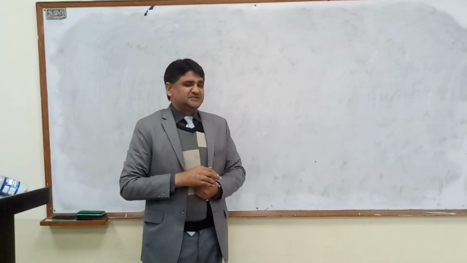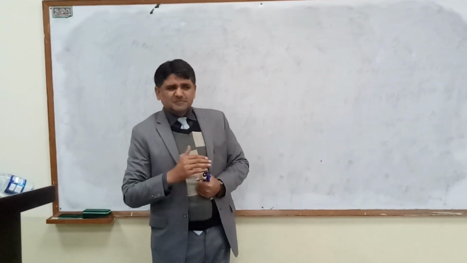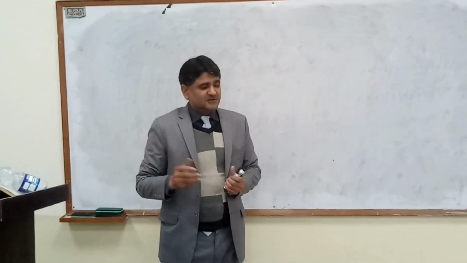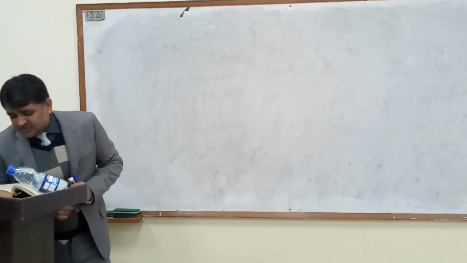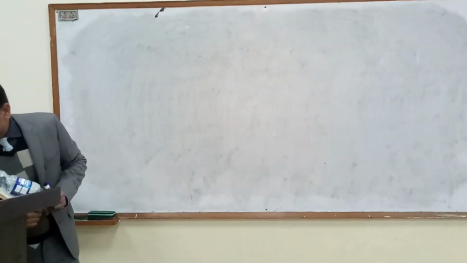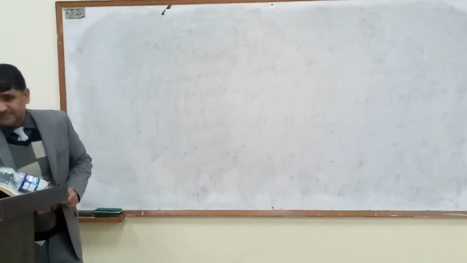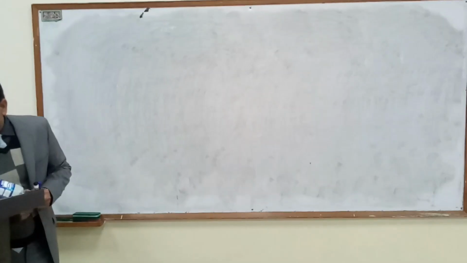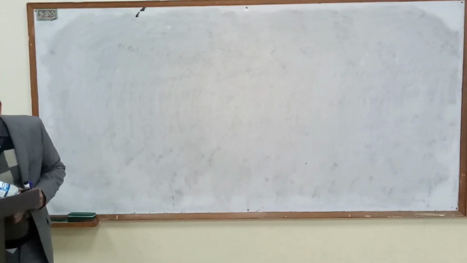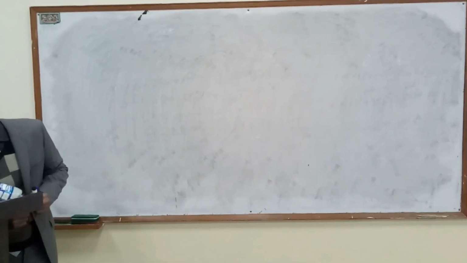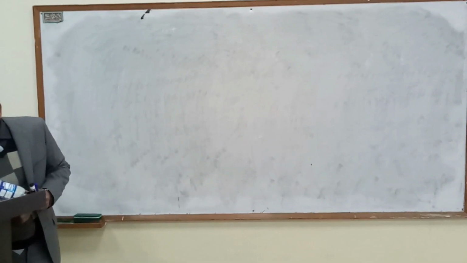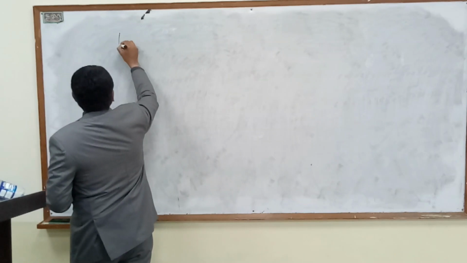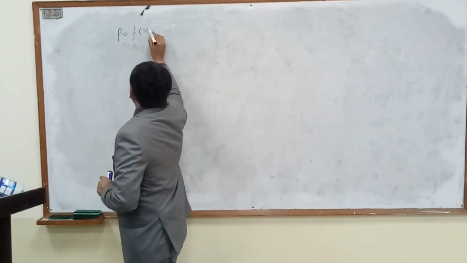Whenever we take a discount, it will be plus or negative. So we have to determine the function P equal to f of n. What is P? P is the premium fee and n is the number of orders, or we can say the number of new members. So P is a function of n.